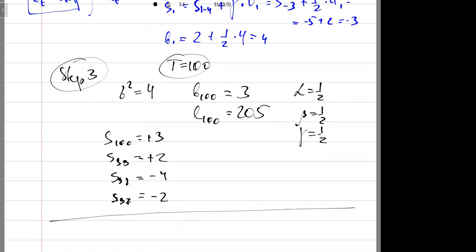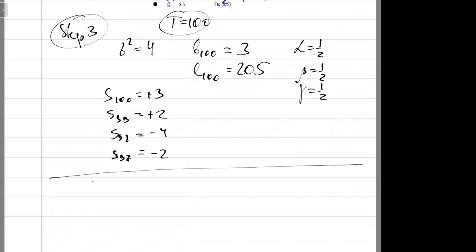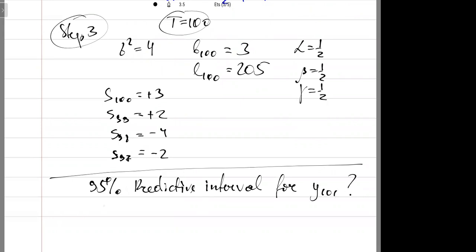Okay, and my question is, construct a 95% predictive interval for y101. How can we construct a 95% predictive interval for y101, for the next value?